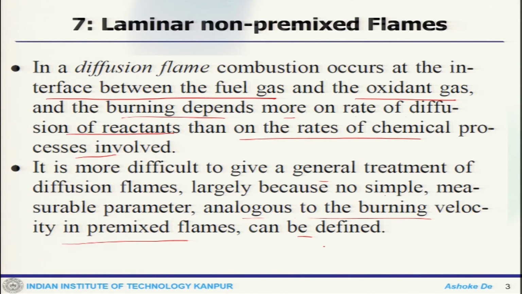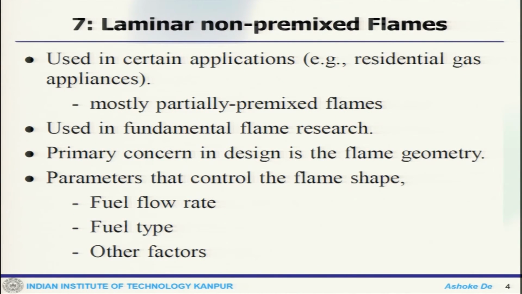So, that burning velocity that we defined in the premix flame is actually not a parameter which you can define for a diffusion flame, because the whole idea behind premixed and non premixed is different. As soon as you go to non premix, this definition of burning velocity does not exist. You cannot actually define it.